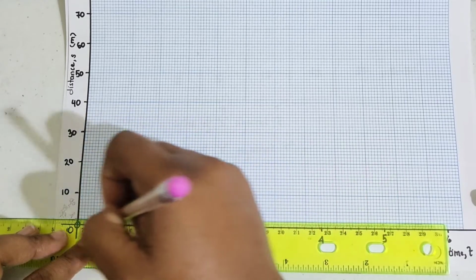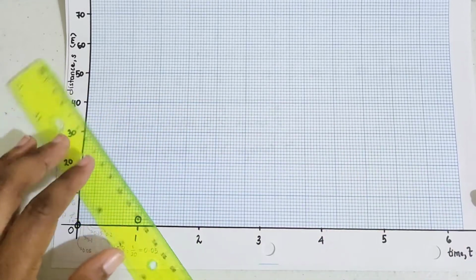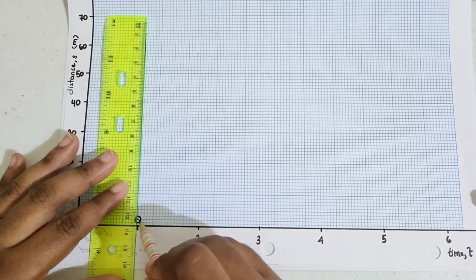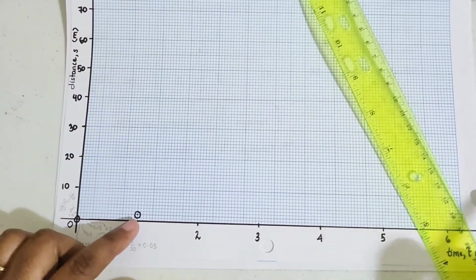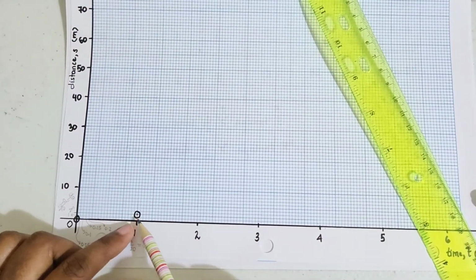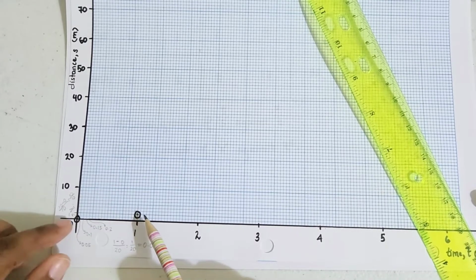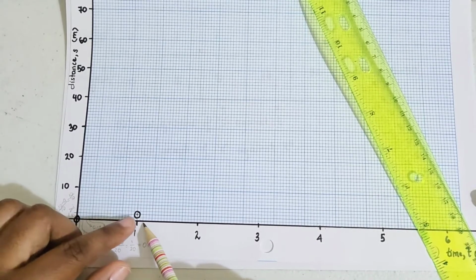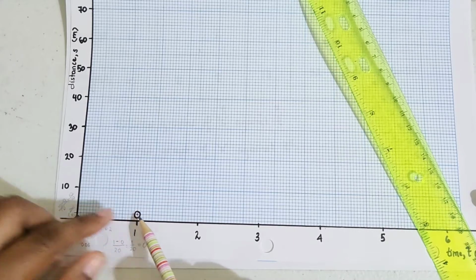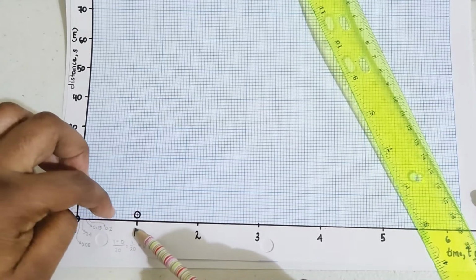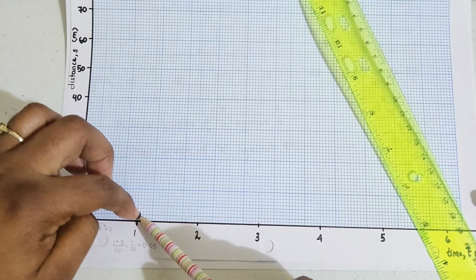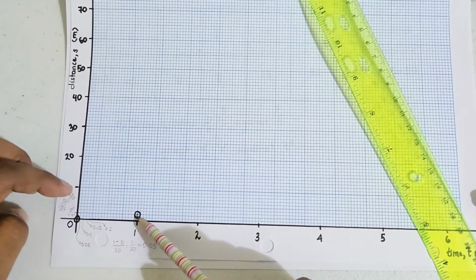You can draw it as long as you want. And the time is 1. This is the time right here, 1. That's where they intersect. You see where the lines intersect here? That's where you put your point. So when the distance is 2 meters coming across and the time is 1, you want to look for 2 on the y-axis and 1 on the x, and when they intersect at this point, that is where you plot your point.